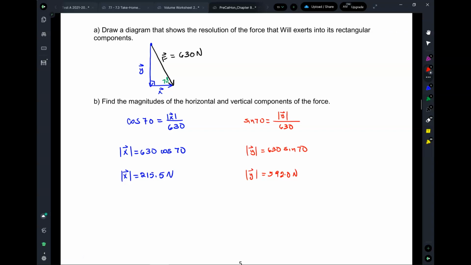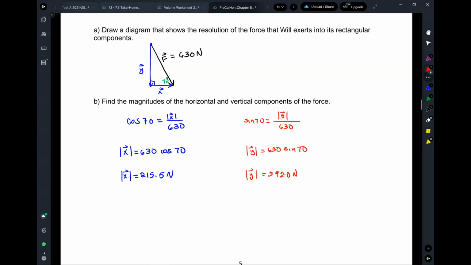Okay, let's take a look at some notation. If I were to say the x component is equal to 215.5 newtons, east, now this has magnitude and direction.